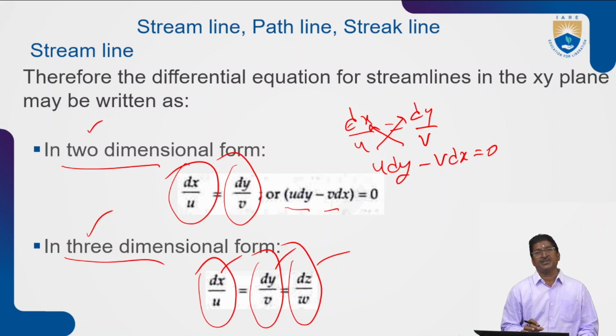And if you consider all 3 axes, x, y and z, it is called 3-dimensional flow. So in 2-dimensional flow, dx by u is equal to dy by v, that is, u dy minus v dx is equal to 0. In 3-dimensional flow, dx by u is equal to dy by v is equal to dz by w.